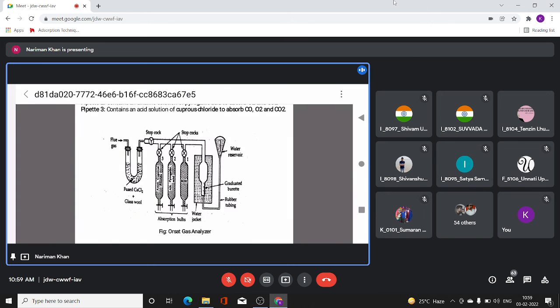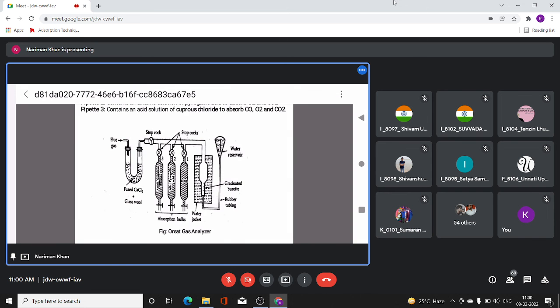This is mostly asked. The Orsat gas analyzer can be asked in the end semester exam also. If it is asked, first of all you will have to explain flue gas: what is flue gas, what are the components of flue gas, and what is the need for determining the components of flue gas. You will give an introduction about this. Then you will make the diagram and explain the whole structure, and then the working.